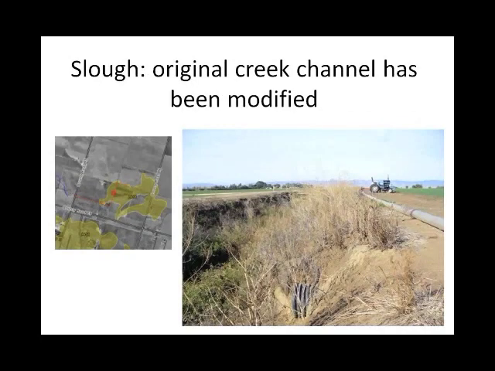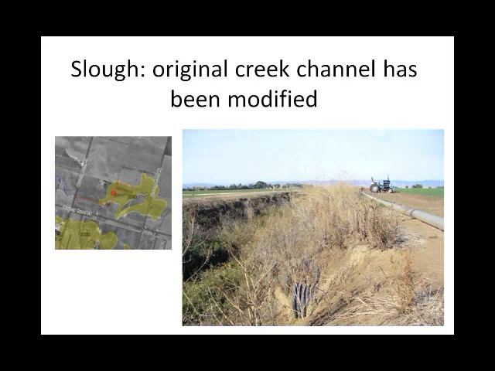The main topic of my webinar is on looking at farm edges as places to increase biodiversity, but I'll be talking about the field as well. This is a familiar sight in a lot of the really intensively farmed areas in California where a slough, in other words, an original creek channel that's intermittently dry and wet, in California we have a summer dry climate, has been modified.